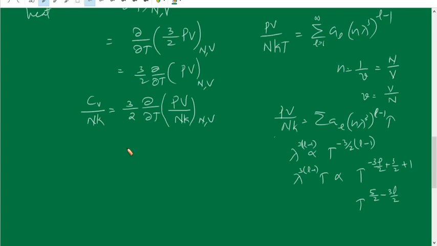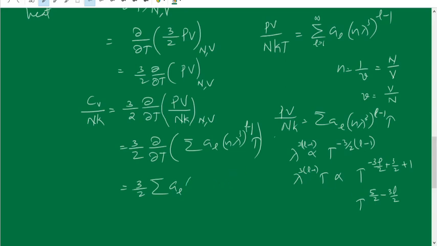Therefore if we differentiate it, this will become 3 divided by 2, the derivative with respect to T of the summation A_L (n lambda cube) whole raised to L minus 1, times T. This is equal to 3 divided by 2 summation A_L, where the coefficient will be 5 minus 3L divided by 2, times (n lambda cube) raised to L minus 1.